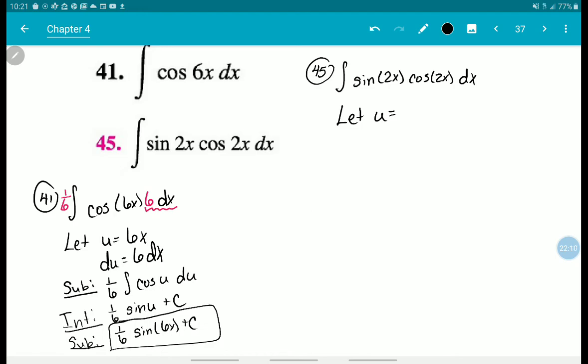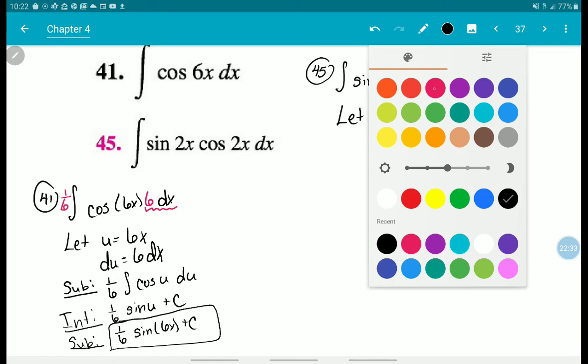Here's the one I see. I could let u be sine of 2x. So then du, the derivative of the sine is cosine. And then we have to take the derivative of the angle, which would be a 2 dx.